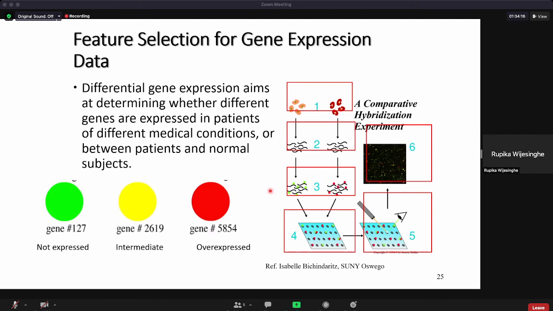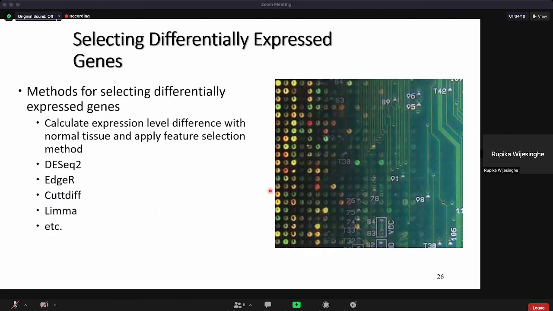Okay, let's move on. So this is the mRNA array. You can see here some spots are red. Red means this gene is overexpressed in the disease. So these are some methods for selecting differentially expressed genes.